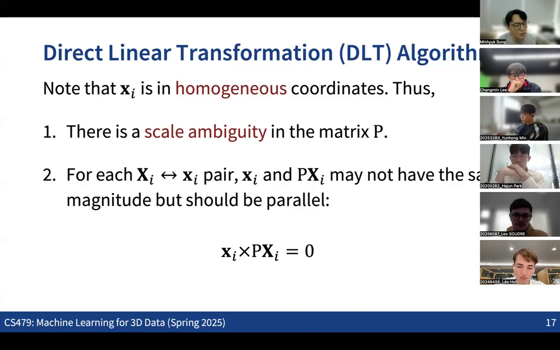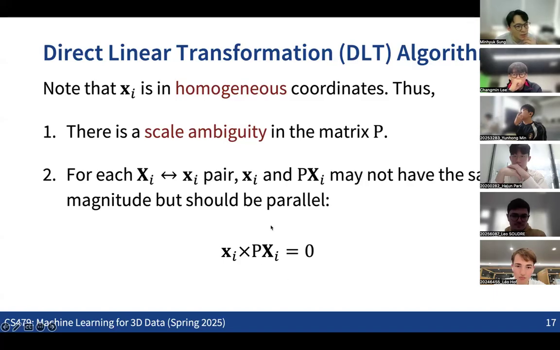Based on that, we use the fact that the cross product of these two should be 0. So we are now solving this equation: given the small x_i and the capital X_i, we are finding P. That's the problem that we are going to solve.